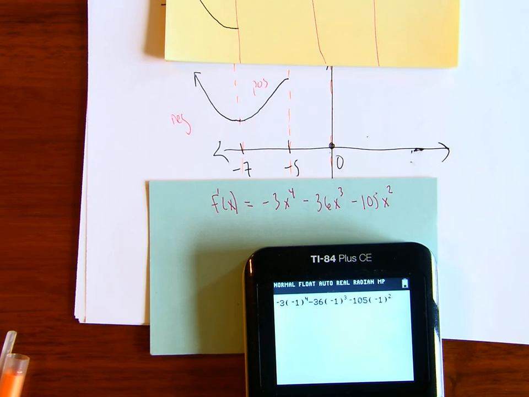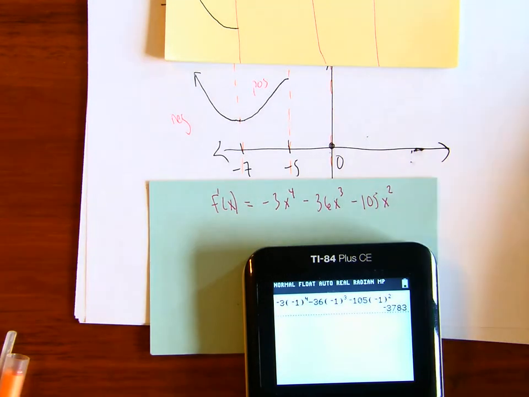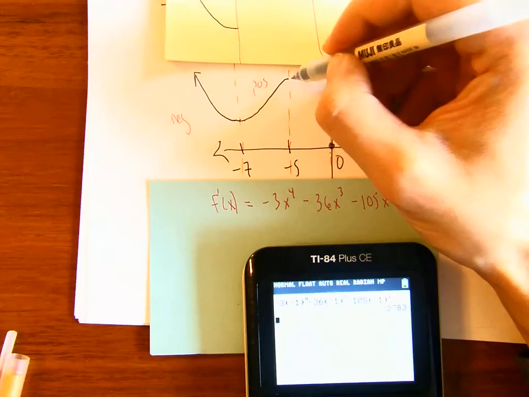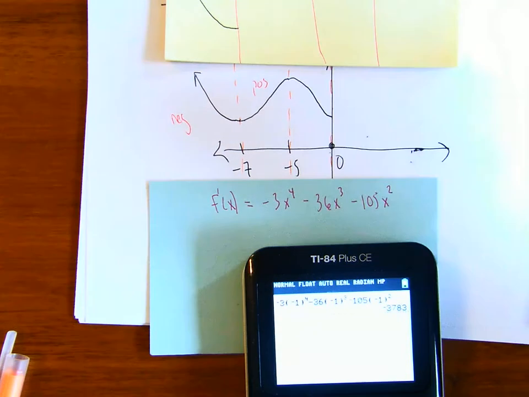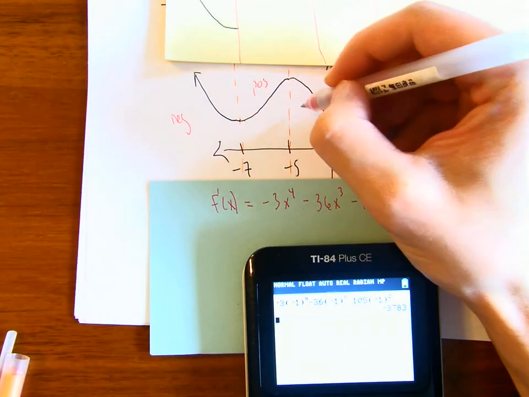Did I plug everything right? Yeah, it looks like it. Okay, enter. Notice that this is negative. So now I know that the graph is going to go something like this. So it goes from negative to positive to negative.